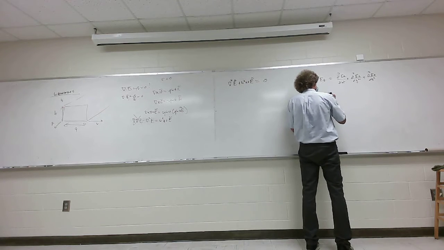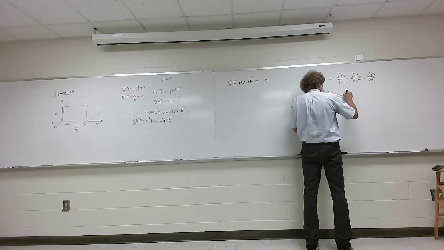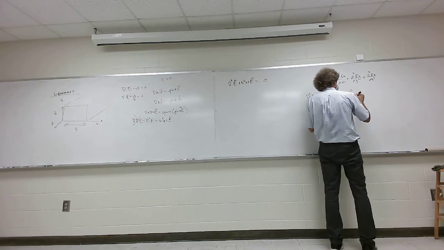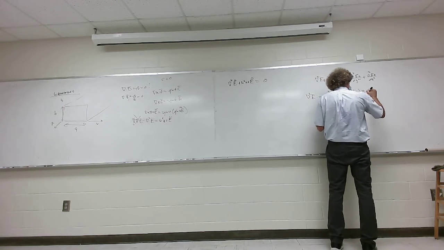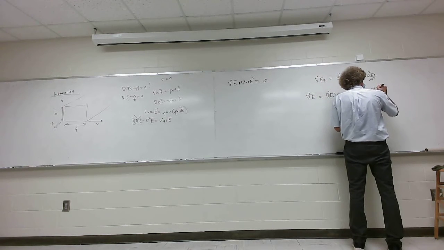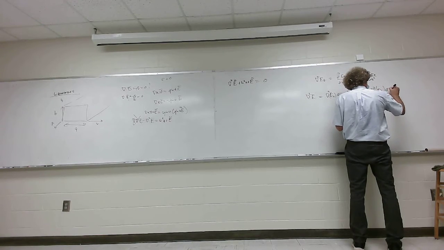This really is, if it's in Cartesian, del squared of Ex in the ax direction, plus del squared of Ey in the ay direction, plus del squared of Ez in the az direction.